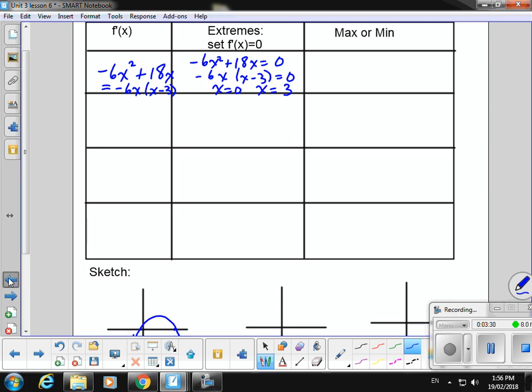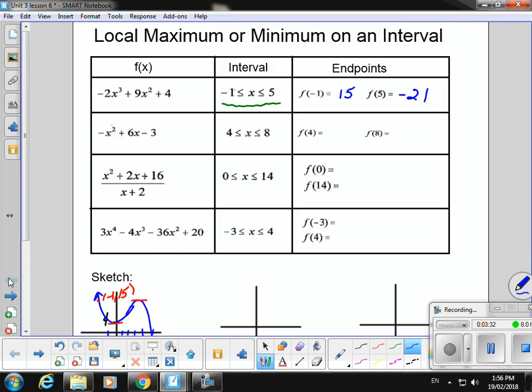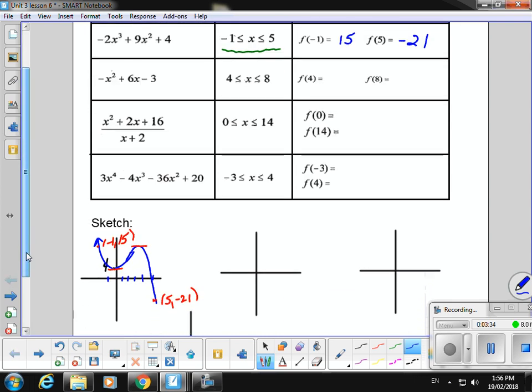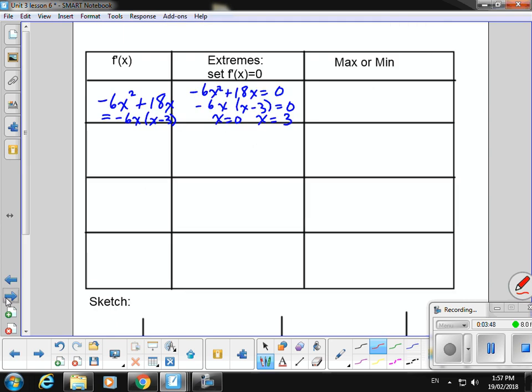Let's look at our original function for a second. At x equals 0 and at x equals 3, I have turnarounds where my tangent or my derivative is 0. Those are important places to look. Those could be maximum or minimum values of the function. So these are the extreme values.